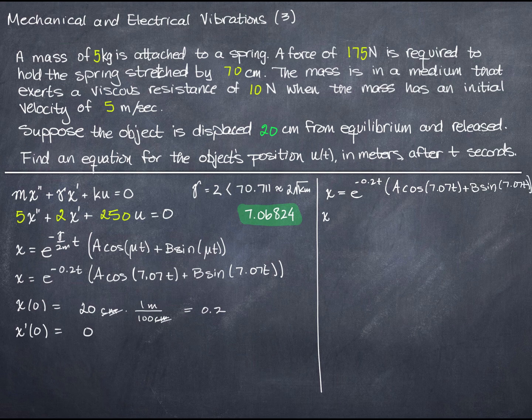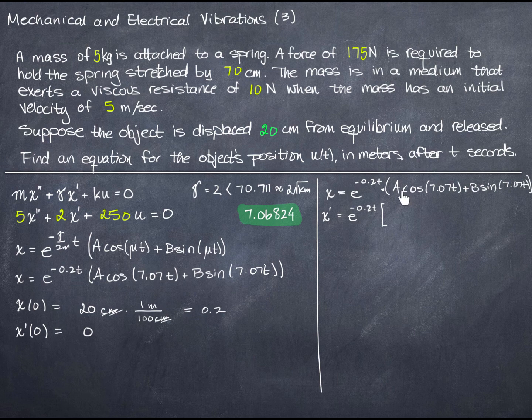And so x prime is equal to, this is a product, so it's the product rule. I'm going to say the first factor times the derivative of the second factor, plus the second factor times the derivative of the first. The first factor is e to the negative 0.2t times the derivative of the second.